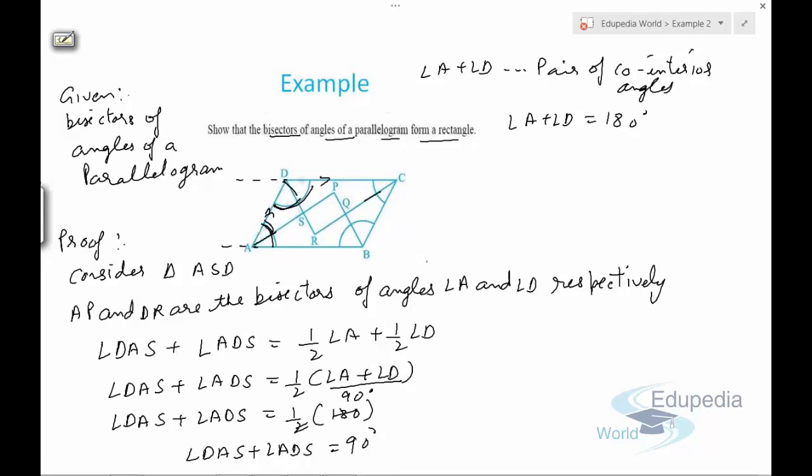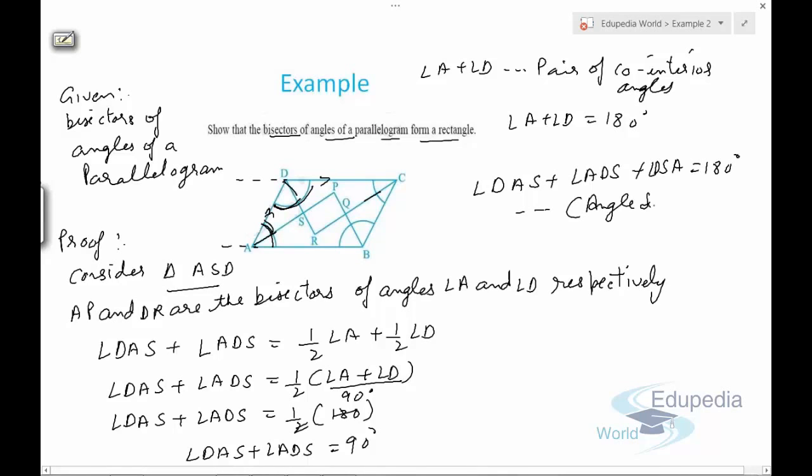Now, if you consider triangle ASD again, angle DAS plus angle ADS plus angle DSA equals 180 degrees. Why? By the angle sum property of a triangle.